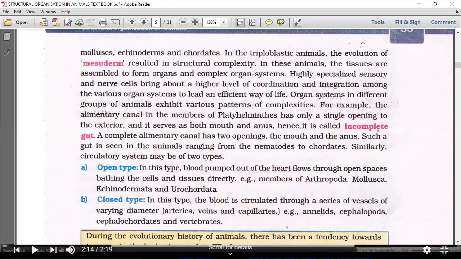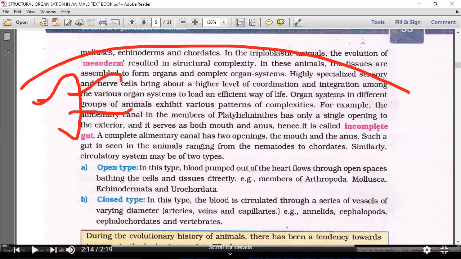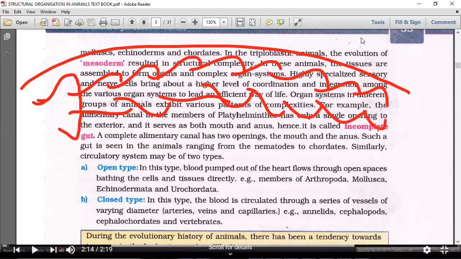Next, what is open type? We'll take cockroach from phylum Arthropoda as an example. In cockroach, we find a 13-chambered heart. I'm not showing the clear view of that, just showing how the open vascular system is seen.